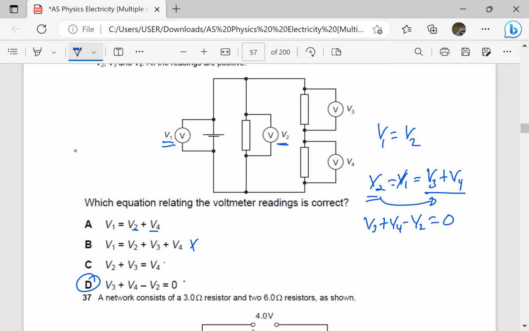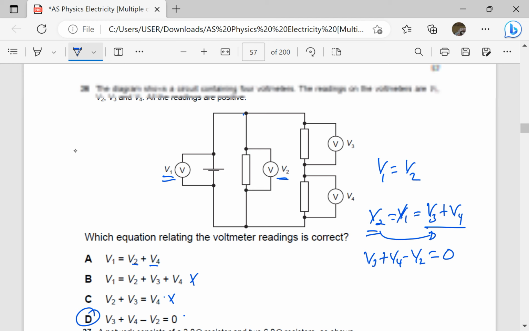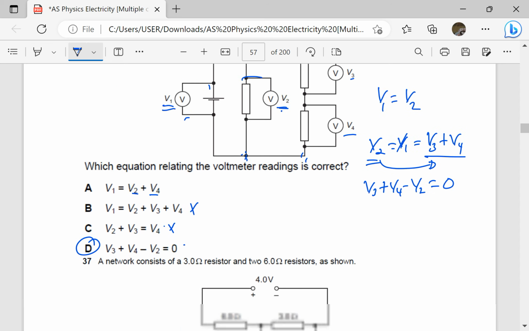So the answer is going to be D. This one is wrong because it would mean that V4 minus V3 is equal to V2, which is not correct. So the total PD across here is the same as the PD across this, which is the same as the reading of V2, which is the same as the total PD across the other combination there, which is V3 plus V4.